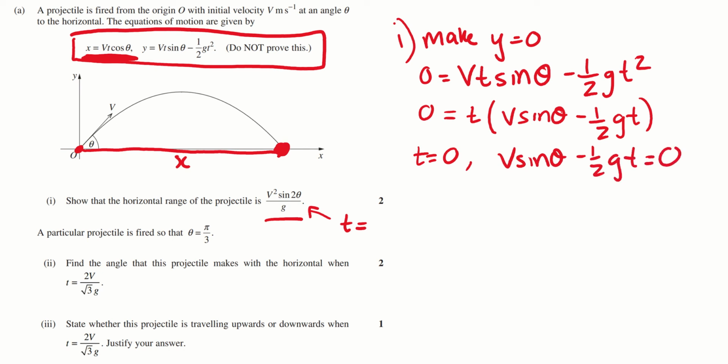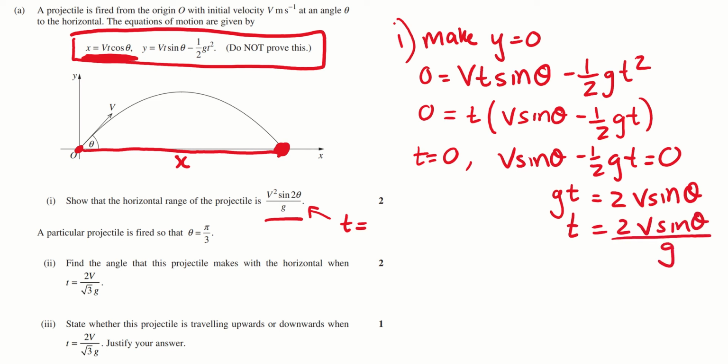So let's go gt equals 2v sine theta. So t equals 2v sine theta on g. So they're the two times where y equals 0.